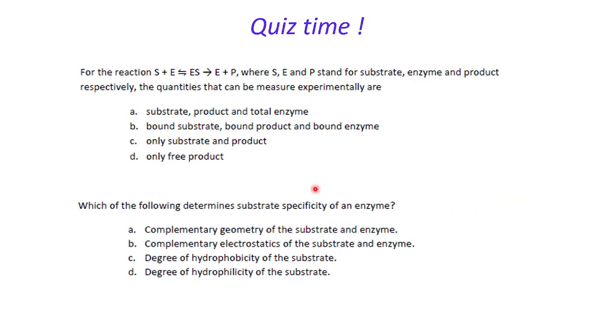Okay, right. Now for the reaction S plus E to whatever, there are some middle steps, and then E plus P. Which of the quantities can be measured experimentally? Substrate, product, total enzyme, bound substrate, bound product, bound enzyme, free product.